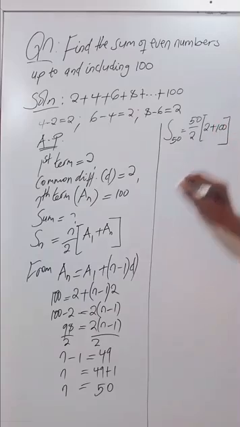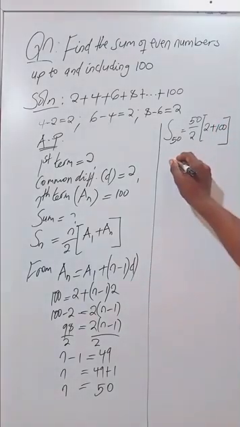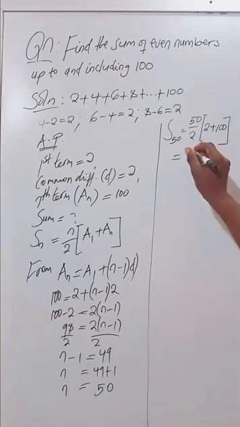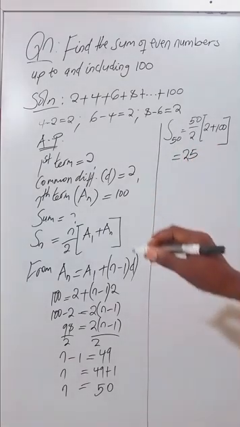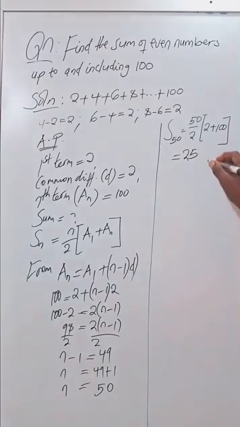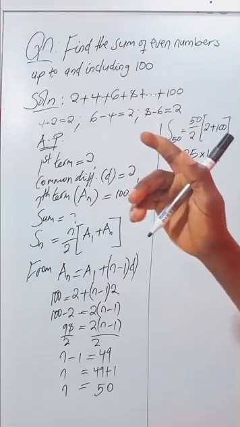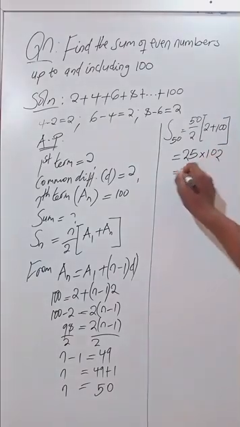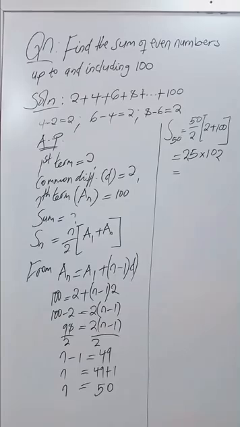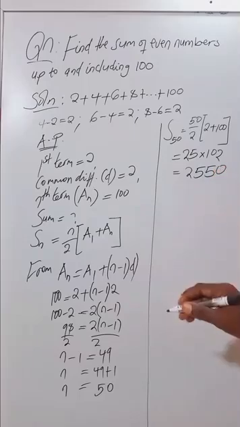Okay, then dividing here, this is 25 into bracket, 2 plus 100, which is 102. When you multiply that, you will get 2550.